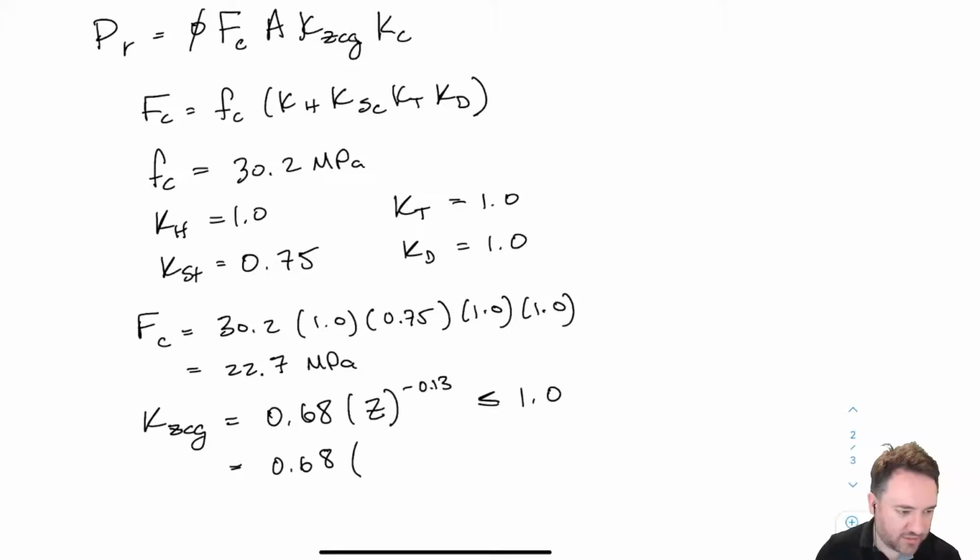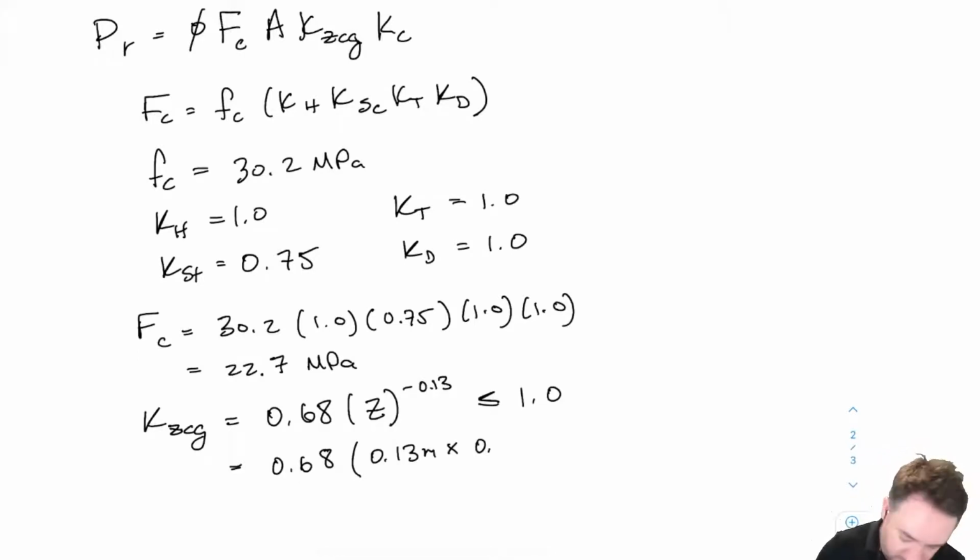Otherwise, I will not get the right answer. I'll get something really weird. So this is 0.13 because it's 130 millimeters times 0.152 because it was 152 millimeters times 6 meters, which is the length of the column. And I get 0.897, which is less than 1.0, so that's okay.